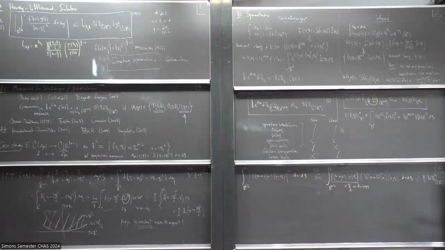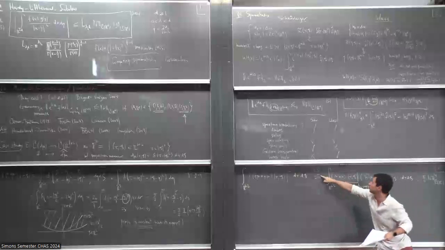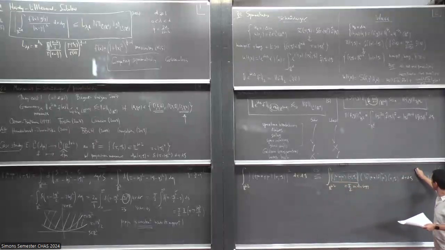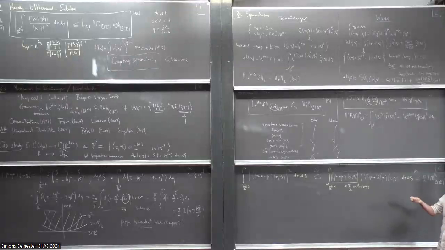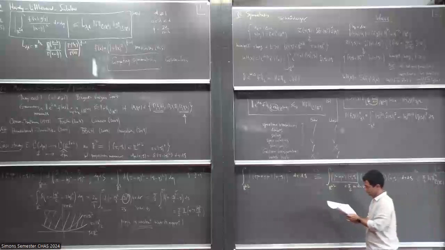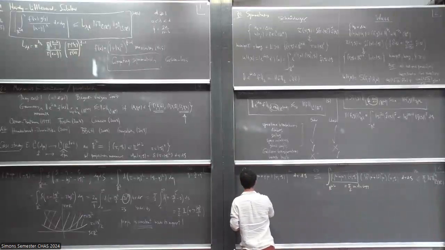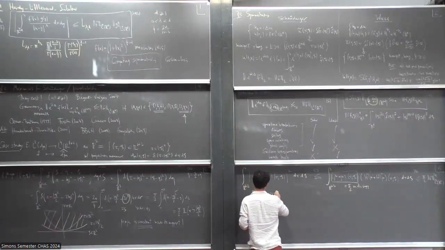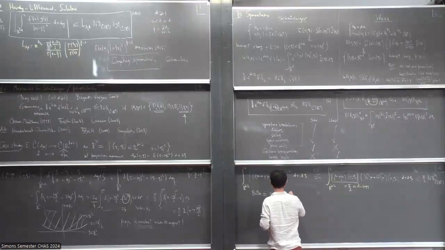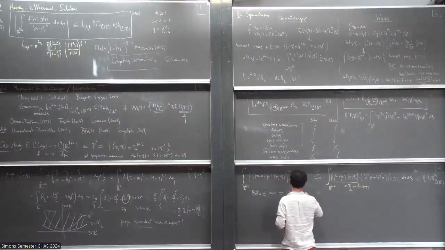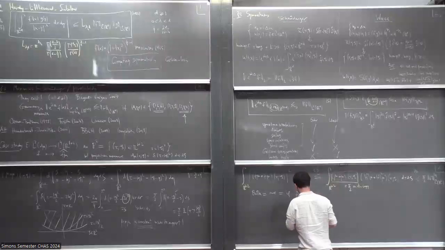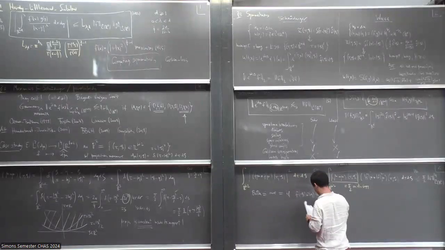That's sharp if we can make both inequalities, Cauchy-Schwarz and Hölder, equalities at the same time. Good news, we can. That happens precisely when f is a Gaussian. Okay. Both inequalities are equalities if a certain functional equation is satisfied. I'm going to write it.